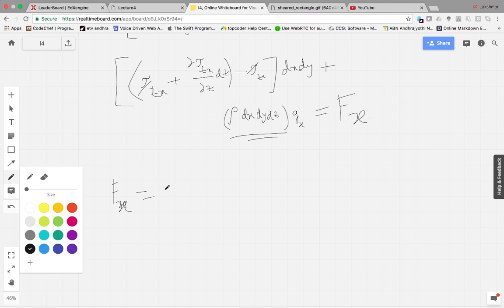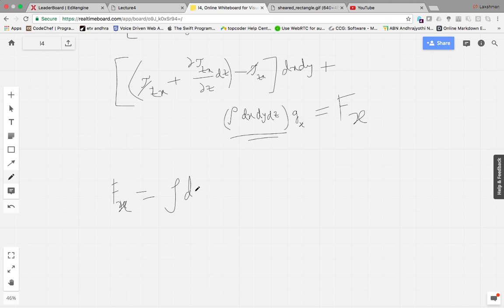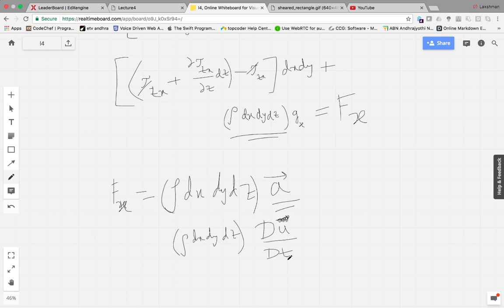That resultant behavior can be written as dx dy dz multiplied by acceleration. So this is mass, this is acceleration, and again you know acceleration is du by dt. Here we are talking only about the x-axis, so we don't need to write the vector x component. So this is rho dx dy dz multiplied by du by dt.